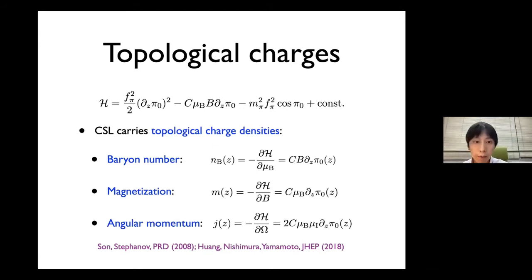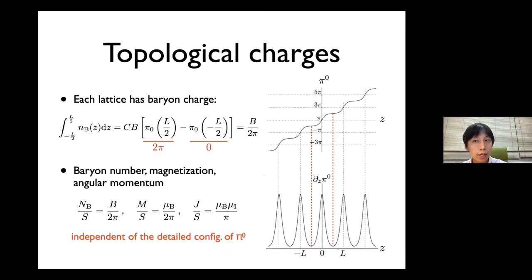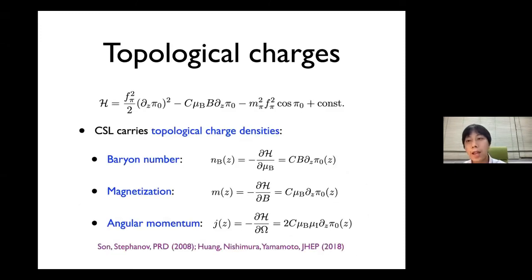Now, let me explain why this baryon number is topological. For that purpose, let us consider the baryon charge of each lattice. The baryon charge of each lattice can be obtained by performing the integral of this baryon charge density over one period from minus half L to plus half L. Here, L is the period of the lattice. Now, as I said, this baryon number density is written as a total derivative.